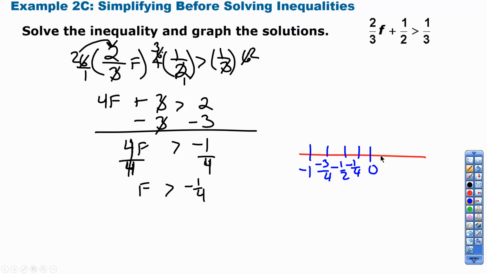Now I graph this, and we'll go ahead and say 1/4, just like that. As I fill this in, f is greater than -1/4, so it's going to be right here. Do we fill that circle in? No. And which way does the arrow point? Since f, the variable, is on the left-hand side, we can have the arrow match the same direction as the inequality.